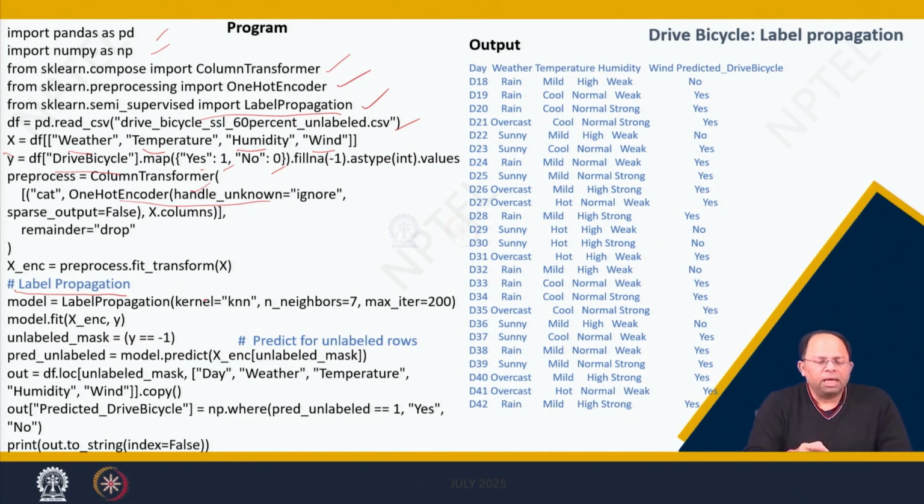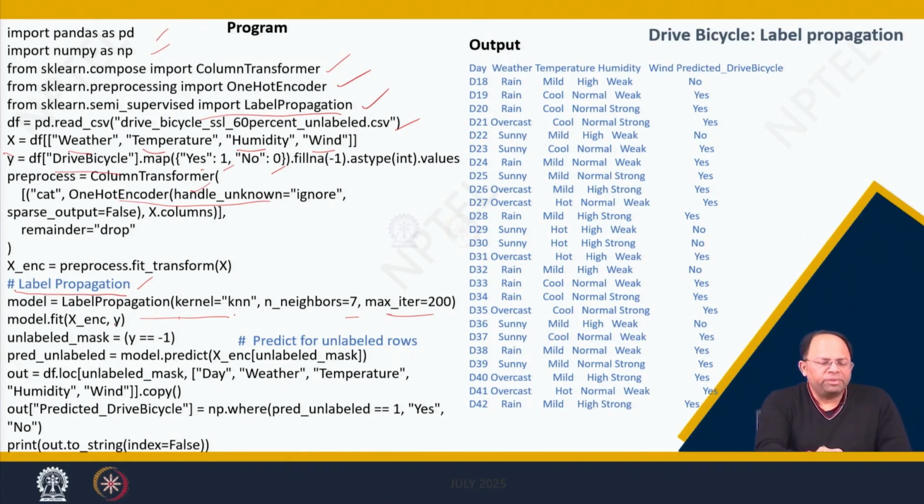In the model, the label propagation model takes in the kernel value, which could be RBF, or in this case we have used KNN because we tried RBF, but RBF was not performing that good in this model, so we replaced it with KNN. And then the number of neighbors is given as 7, which basically means that within a distance of 7 neighbors, the propagation will happen. And the total iteration is fixed at 200, so that is the maximum level of iteration that we can do.